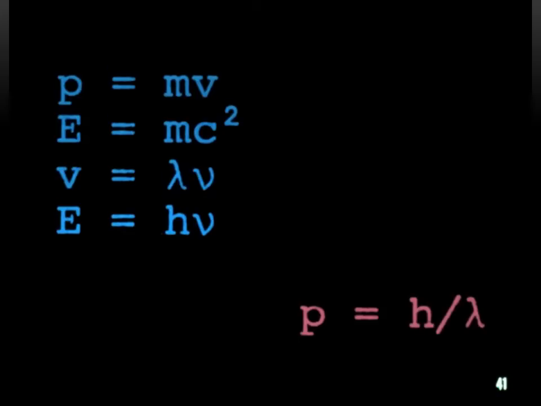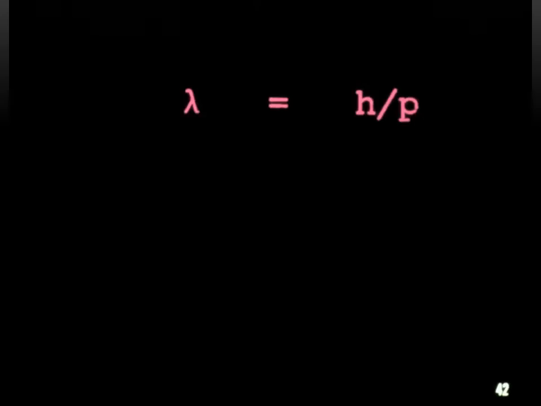Consider, Compton had shown that the momentum p of a photon equals Planck's constant, h, divided by the wavelength, lambda. De Broglie suggested that the same formula could apply to an electron. Thus, the wavelength, lambda, of an electron would equal Planck's constant, h, divided by the momentum, p.